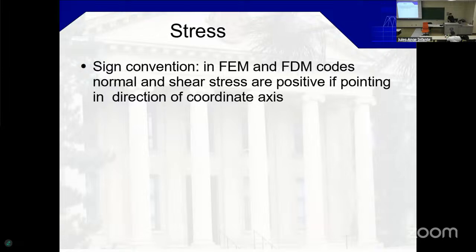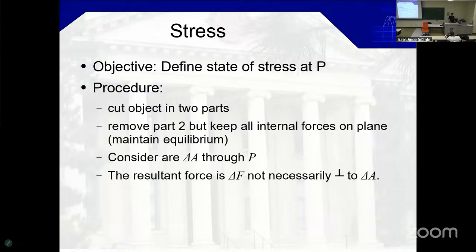Normally, in finite element and numerical methods, normal and shear stresses are positive if they point in the direction of the coordinate axis. Okay, so we assign the coordinate axis, and that's the direction of positive stress. So how do we define the state of stress at point P? We cut the object in two parts. We remove a part, but we keep all the internal forces as external forces to maintain equilibrium.